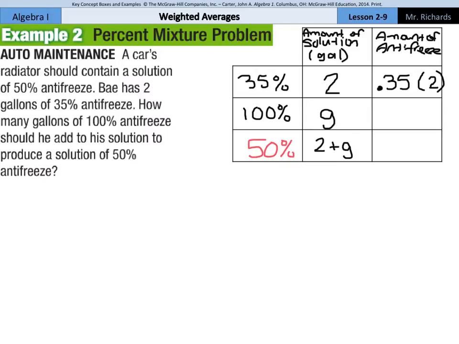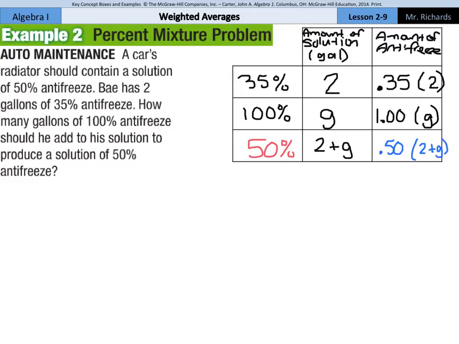Then, for the 100%, this is going to be 100% as a decimal, which is 1.00, as we move that decimal point over twice to the left, times our amount of solution, G. Then, to get our total amount here, we're going to take our 50% as a decimal, 0.50, times that amount, which was 2 plus G.